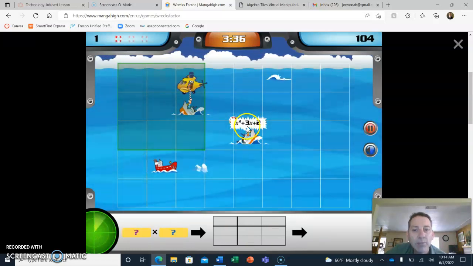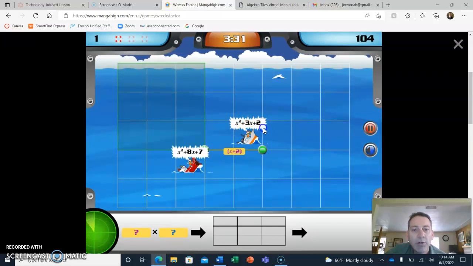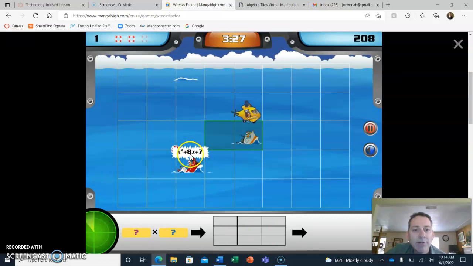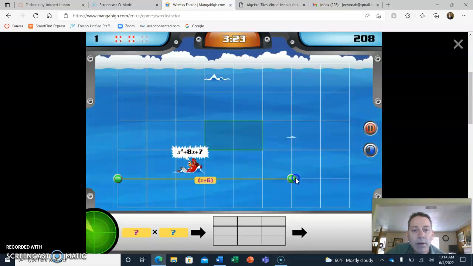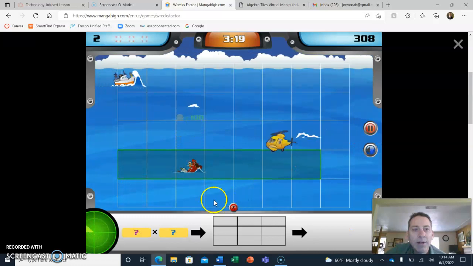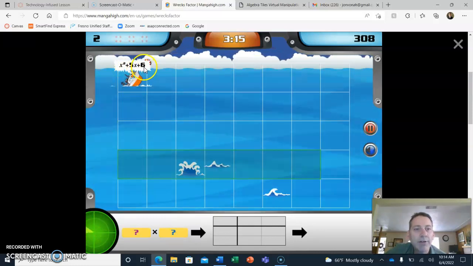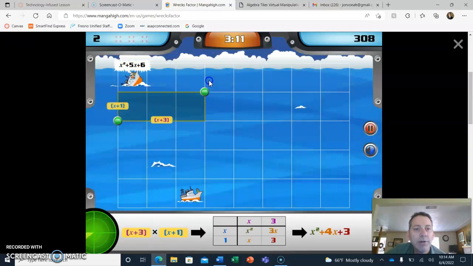This one is x squared plus 3x plus 2, well, that's going to be a 2 by 1. So he gets rescued. I got 8 and 7, so that's going to be a 7 by 1? Oh, he gets rescued. We got x squared plus 5x plus 6. I know that's a 3 by 2.